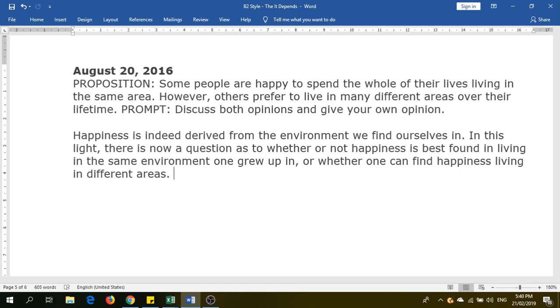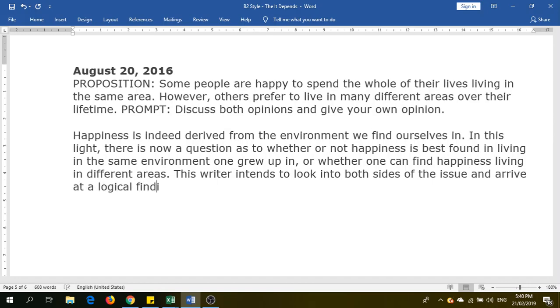I'm now moving into the third element of the introduction, the forecast statement, which is defined as the scope and the limitation that the writer intends to set as the parameters for the essay. And so this is the forecast statement: this writer intends to look into both sides of the issue and arrive at a logical finding.